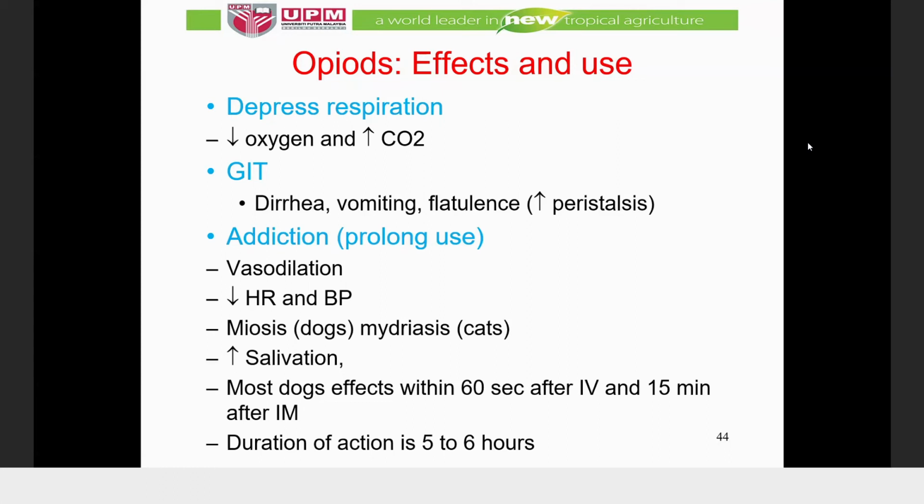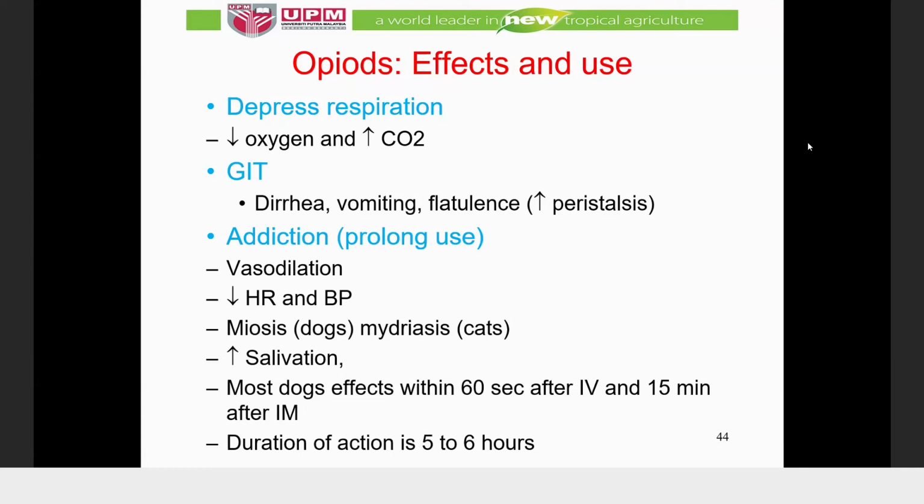All these effects come when they act on their different receptors, mu and kappa, at different parts of the body. In most dogs, when you inject the drug IV, the effect starts immediately, within 60 seconds, and 15 minutes after intramuscular. The duration of action is 5 to 6 hours.